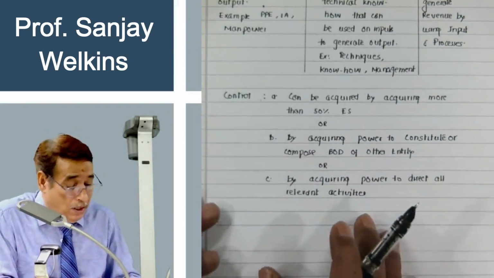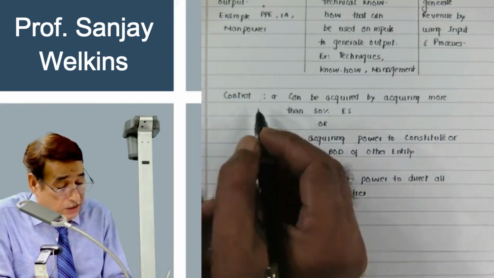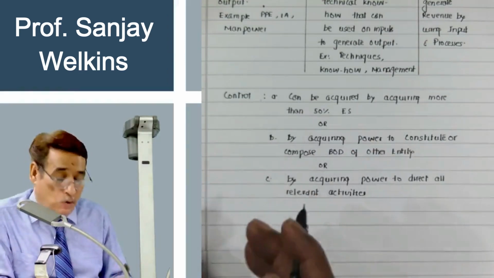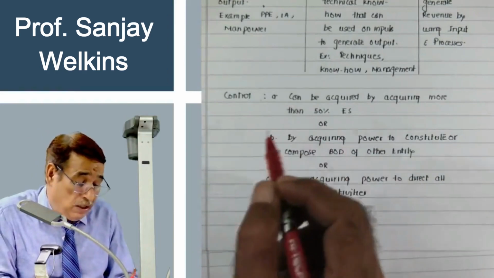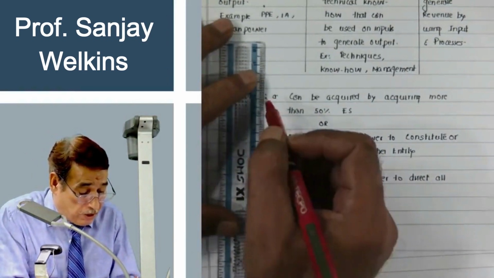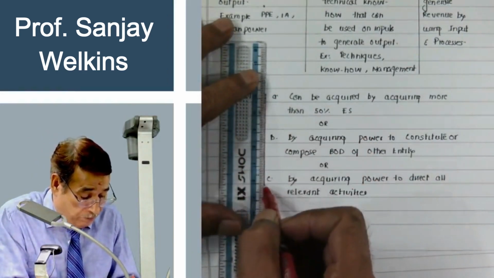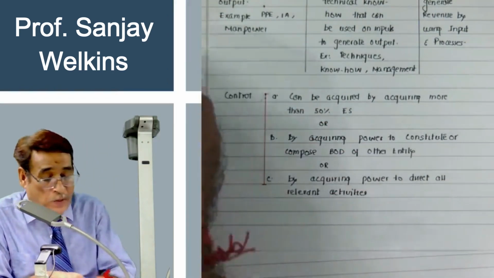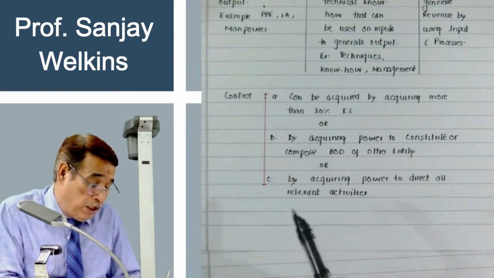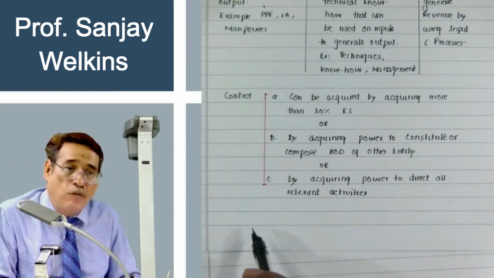Is it clear to you? Importantly, this is one way of getting the control. Remember, in all these cases, we have to make some investments. Whether our investment is more than 50%, 10%, 20%, some investment we will have to make.